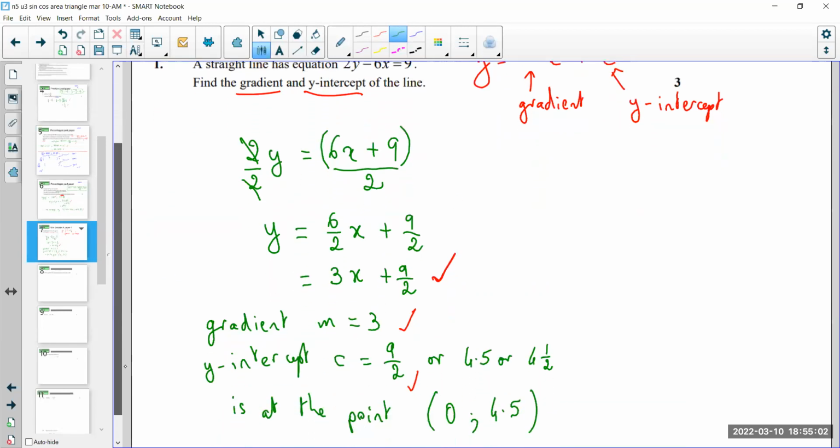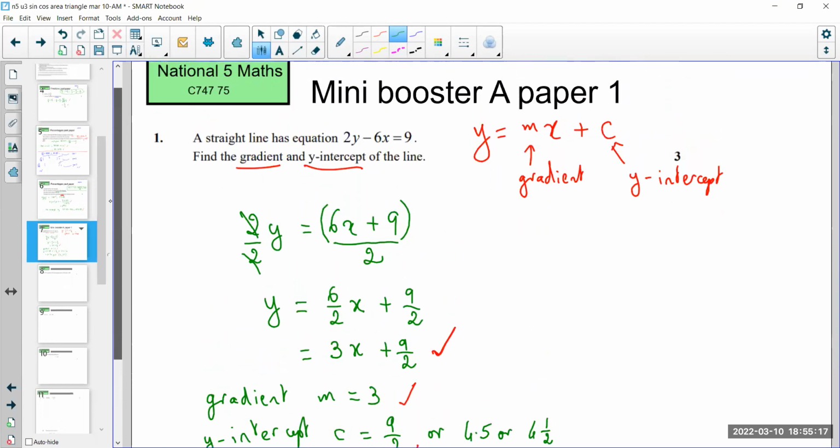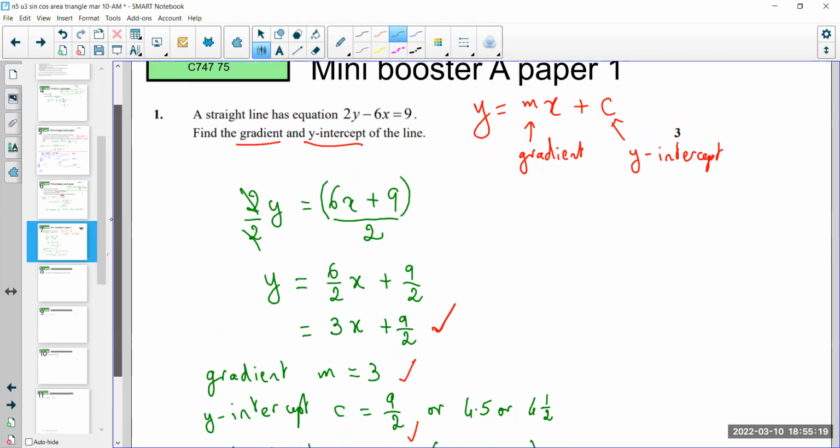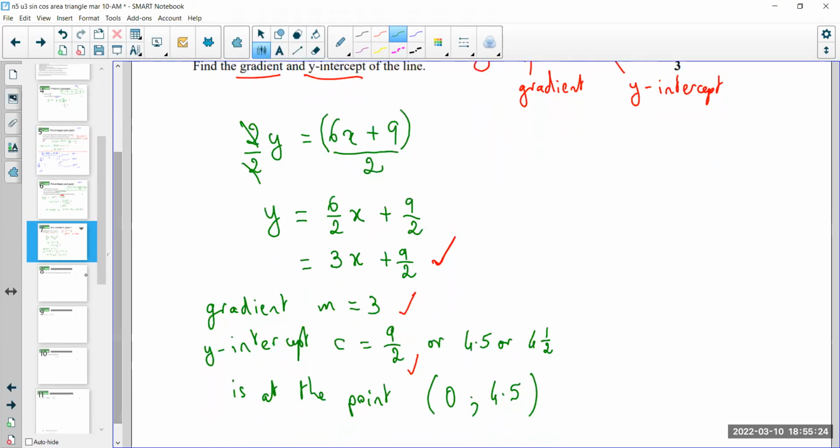And if they ask us to give the coordinate of the point of intersect, fair enough, but they've decided to give you the mark if you just say the y-intercept is at the point 0, 4.5. So we just need to answer the questions, guys. C is a value or belongs to that point 0, 4.5. Any question?